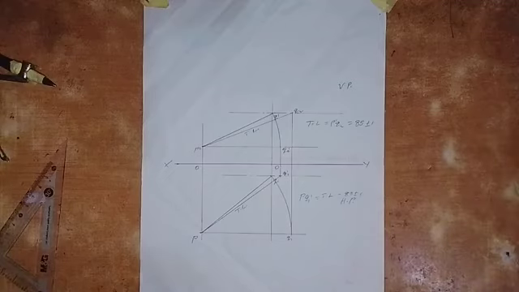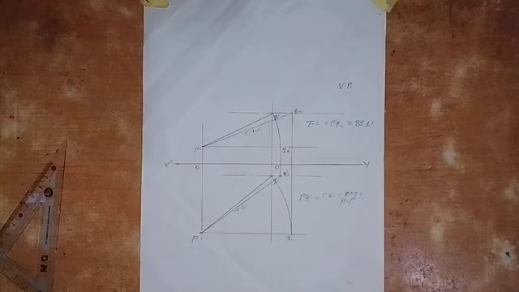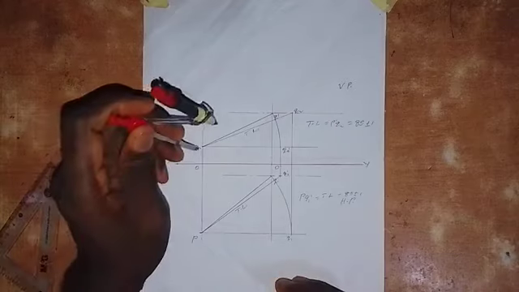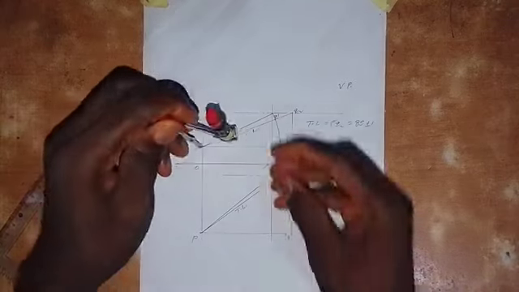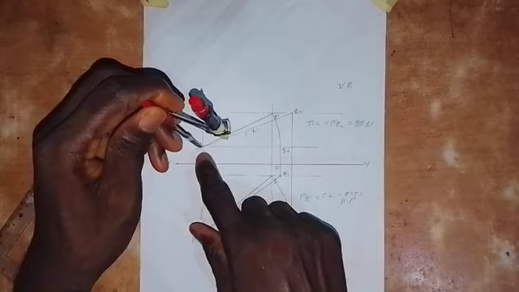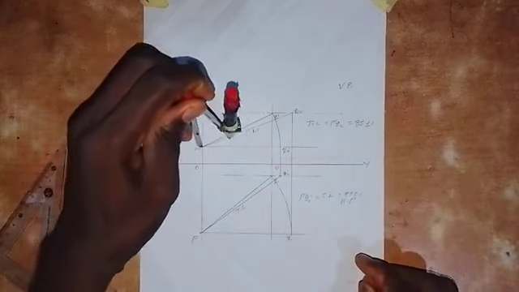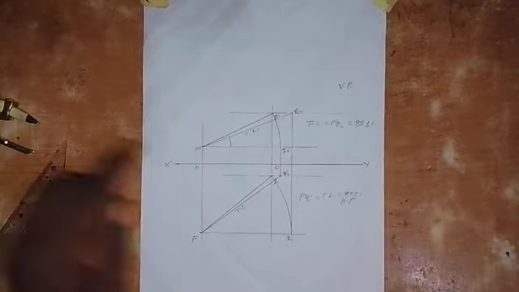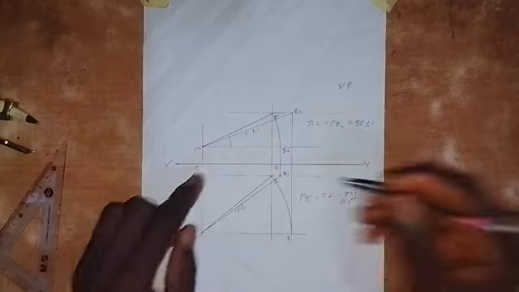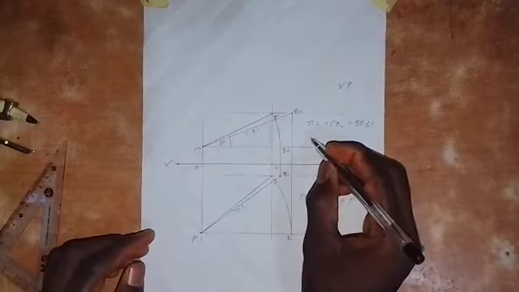Now let's determine the true inclinations to the vertical plane and to the horizontal plane. I'm going to make an arc between this horizontal line and this line P prime Q2. This angle, I will call angle theta.